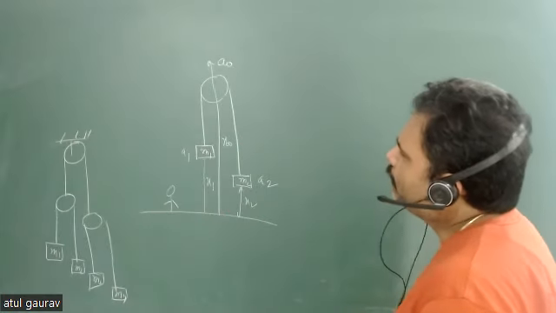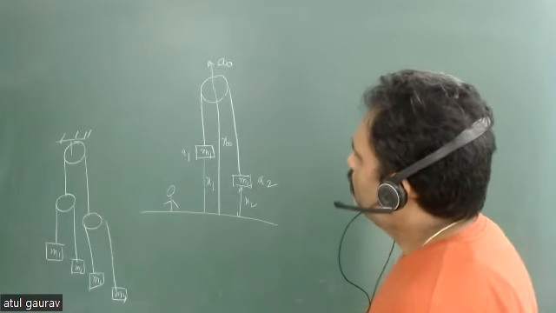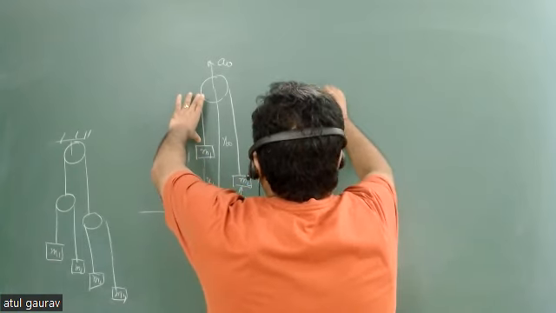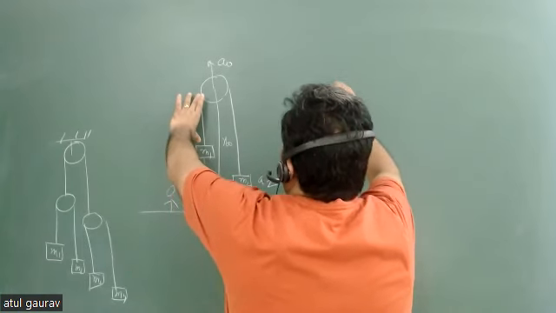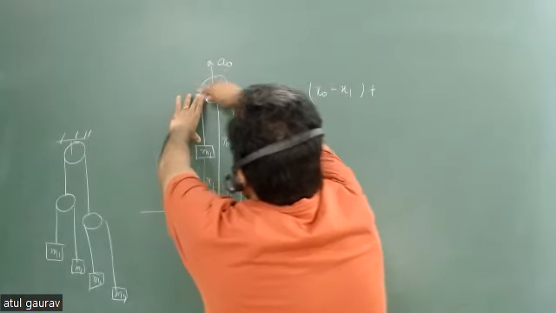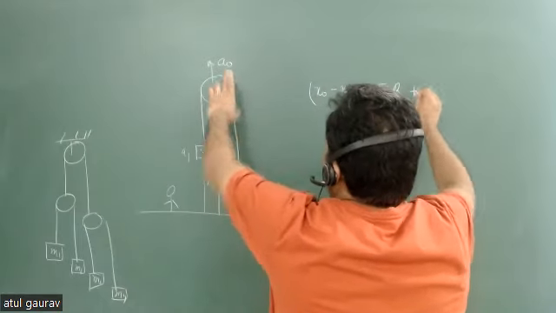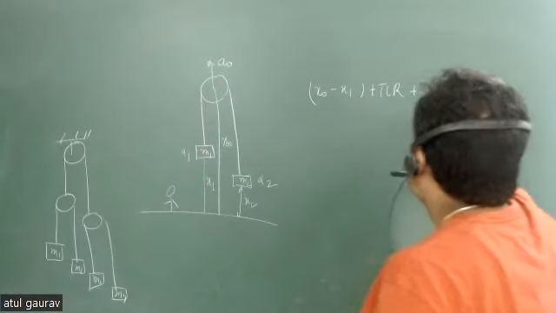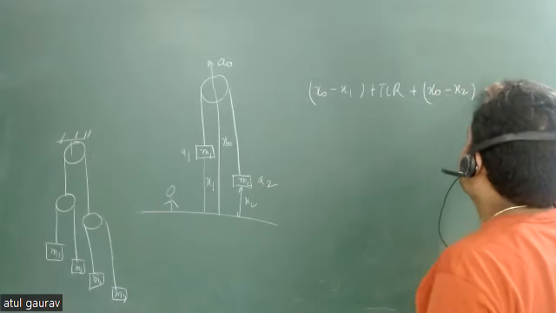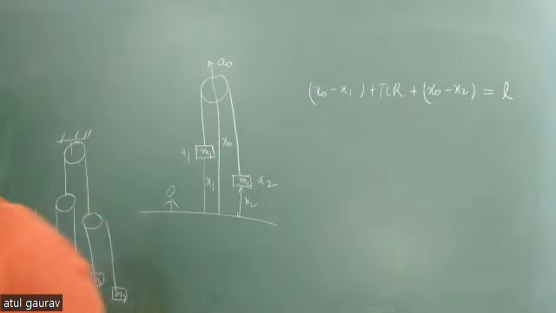So what will be your equation of constraint? What is this distance? X0 minus X1, plus what is this distance? Pi r, plus what is this distance? X0 minus X2, is equal to some length L, isn't it?